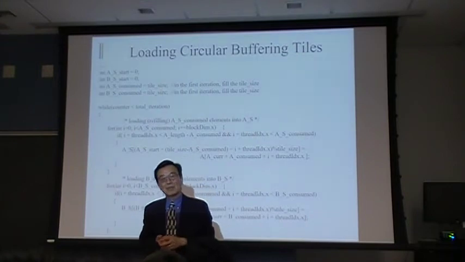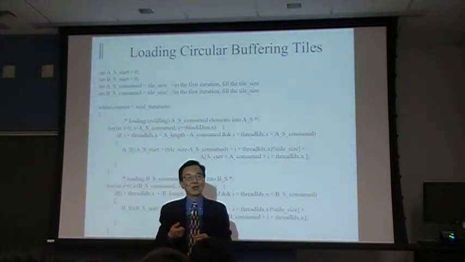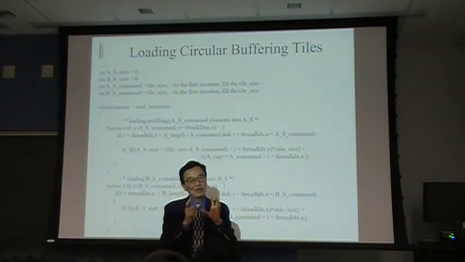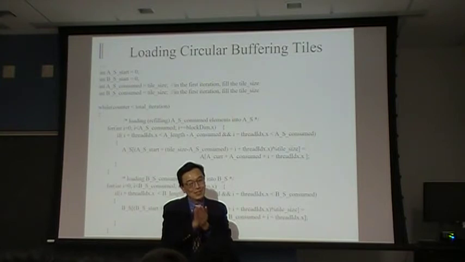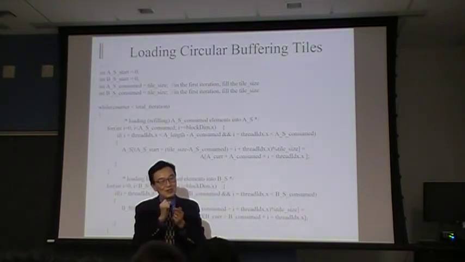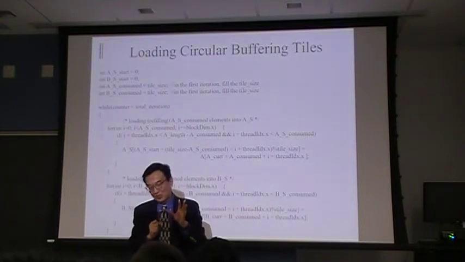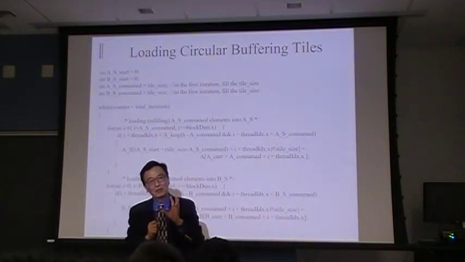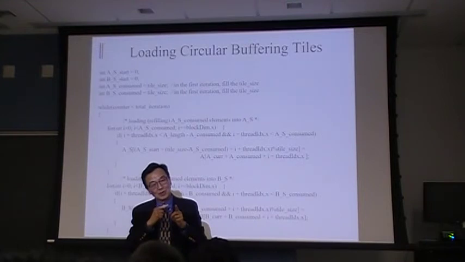But the newer GPUs are supposed to be able to map any of the variables that you say are not going to change, in this case A and B, into cacheable memory. Still, I think you get better performance by doing the texture mapping.